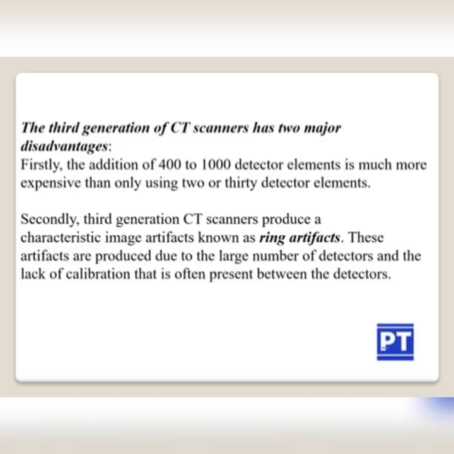Regarding the CT artifacts, we will be discussing them in the upcoming topics. So just mentioning here that ring artifacts are usually seen in third generation CT scanners, and these artifacts are produced due to the large number of detectors and the lack of calibration that is often present between the detectors.